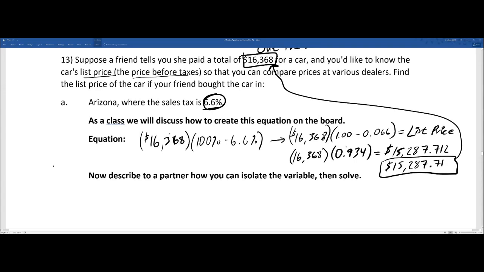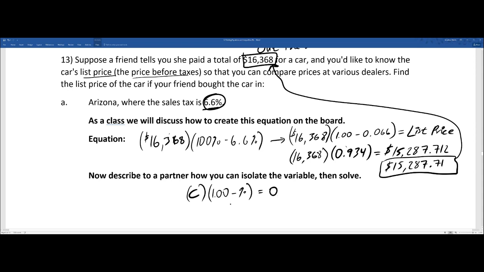All right, so now describe to a partner how we can isolate the variable and solve. So again, we were looking for the list price. We know that we had the original cost of the car, or out the door cost, and we were looking for the list price. So this is 1 minus the tax percentage equals the list price, or original cost.